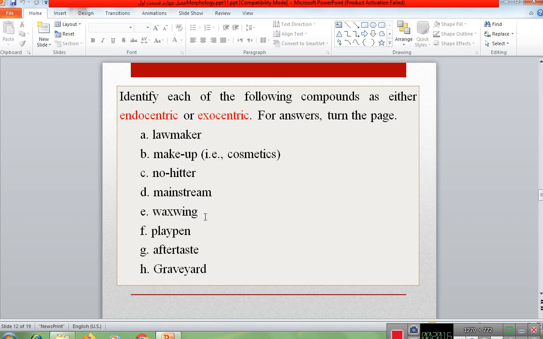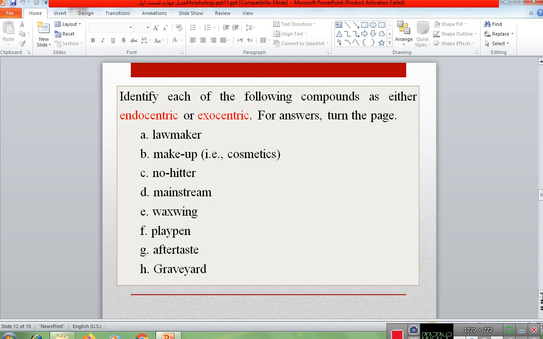Waxwing, again, exocentric. Playpen is a kind of pen, so we call it endocentric. Aftertaste, endocentric. And graveyard, again, endocentric. So this is a kind of exercise. You can read it again and you can determine the endocentricity or exocentricity of these compositional words.